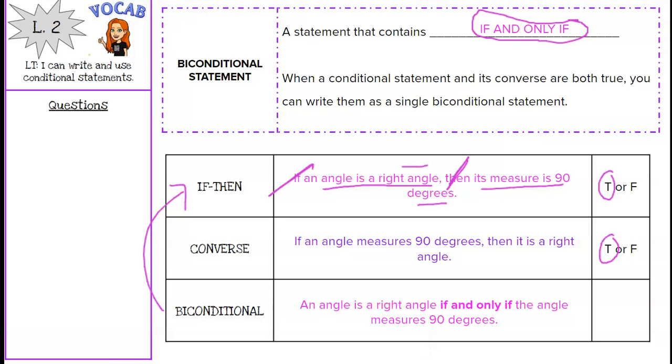So we took this piece right here, an angle is a right angle, but we took away that if, put if and only if in the middle and got rid of the then. The angle measures 90 degrees. So we took that out of it and replaced it with the angle. So we're being more specific. And then that is true because it goes both ways.